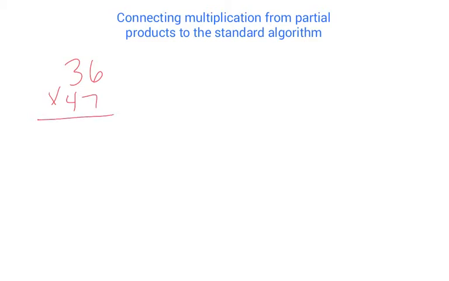If we're focusing on the place value, we know that 36 is equal to 30 plus 6. And we know that 47 is equal to 40 plus 7.